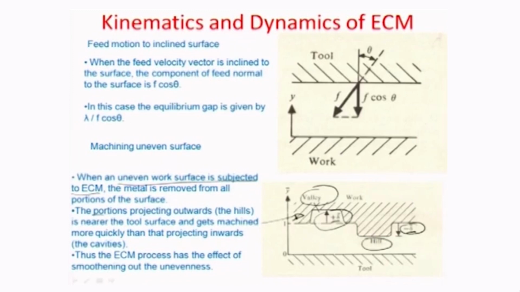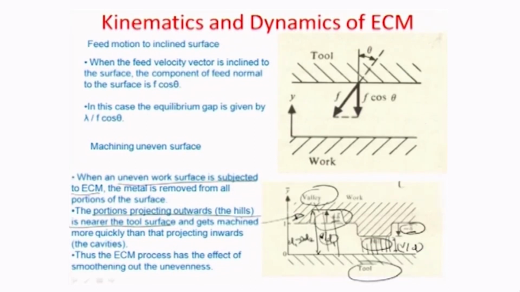So, the portions projecting outwards, the hills, are nearer to the tool surface, this being the tool. So these hills are nearer, and simultaneously the electric field between the hills and the tool would be more, the lines of force would be more, because electric field is potential difference divided by d, and d is lesser here. And the valleys are at some distance from the tool, which is higher, and therefore, if you assume the same potential difference V over another distance d1, where d1 is much greater than d2, the electric field available here is much more sparse.